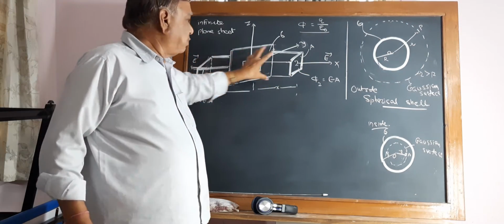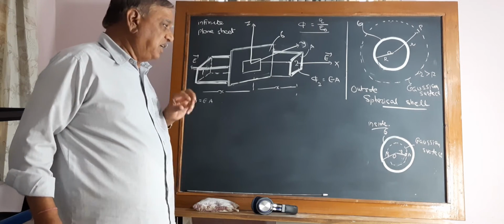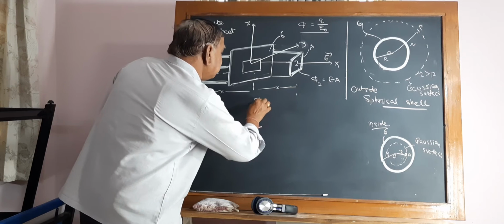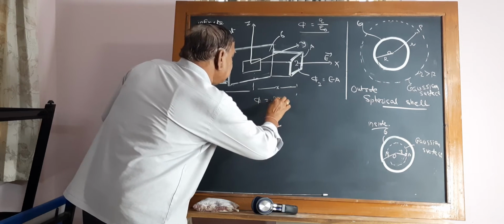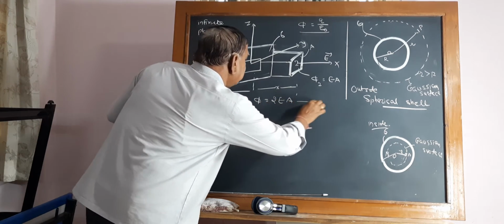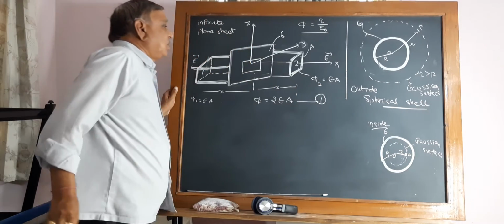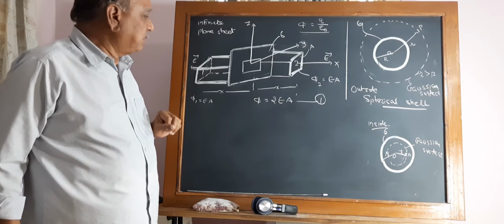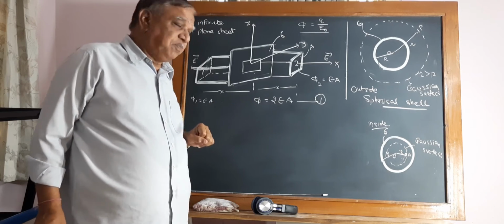So the total flux linked with the Gaussian surface is phi equal to EA plus EA, that is 2EA.